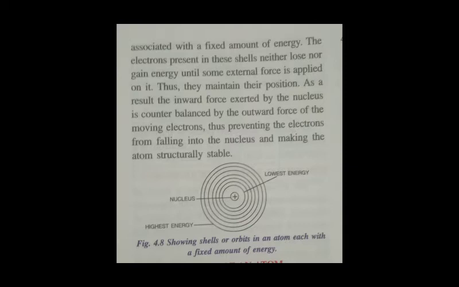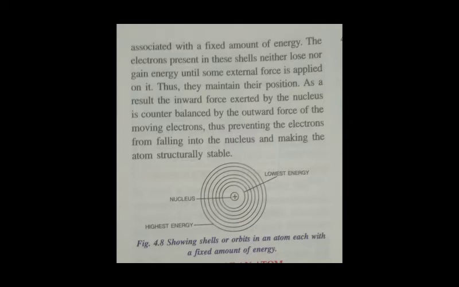So, in due course, it was discovered that the nucleus of an atom was made up of two kinds of particles, proton and neutron. Proton was first discovered by Goldstein and was named by Rutherford. A proton is a positively charged particle and weighs the same as a hydrogen atom, the lightest atom. A proton carries a single positive charge.